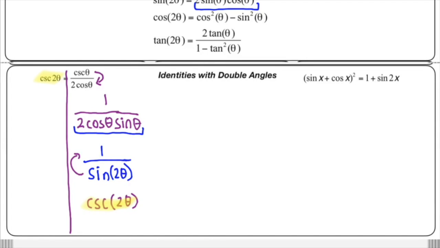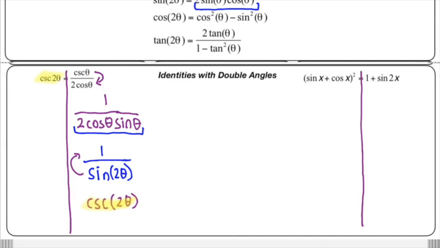So, let's take a look at this next one over here, and we got some interesting stuff going on. I'm going to, once again, work the side that does not have the double angle, interestingly enough, and I think that's going to work out nicely.